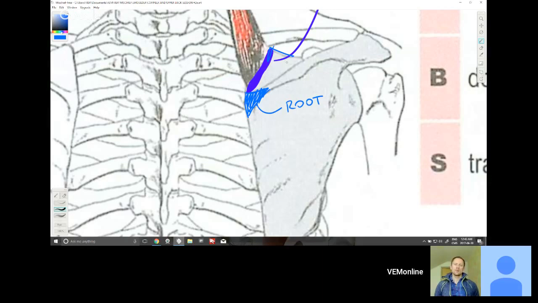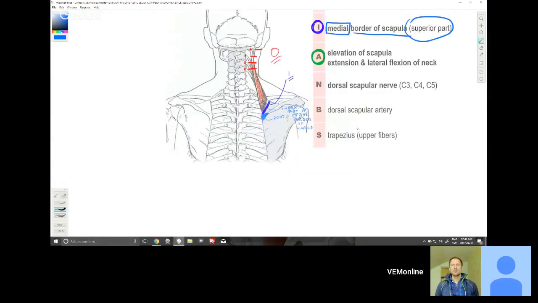But as Wisniak suggests, we can just say superior part of the medial border of the scapula. And that's good enough.